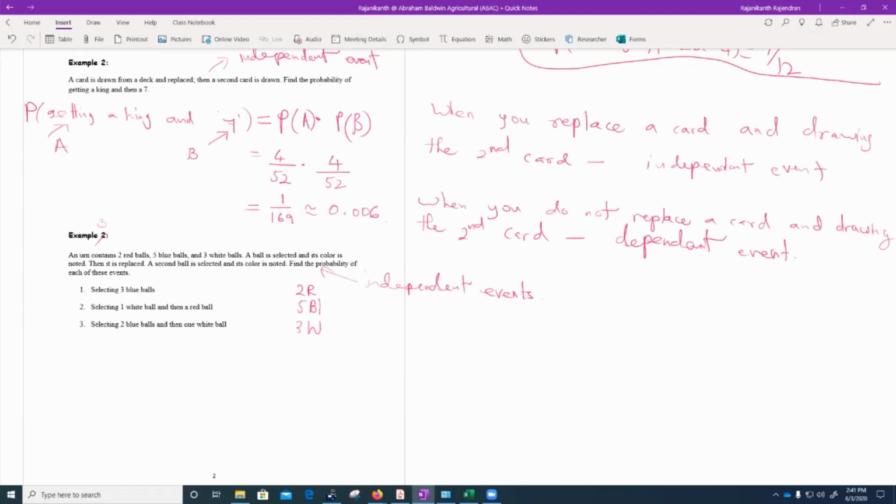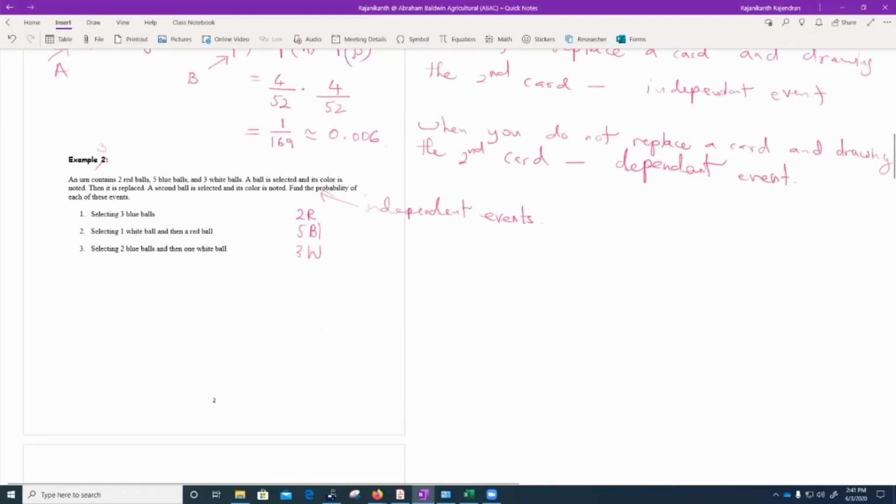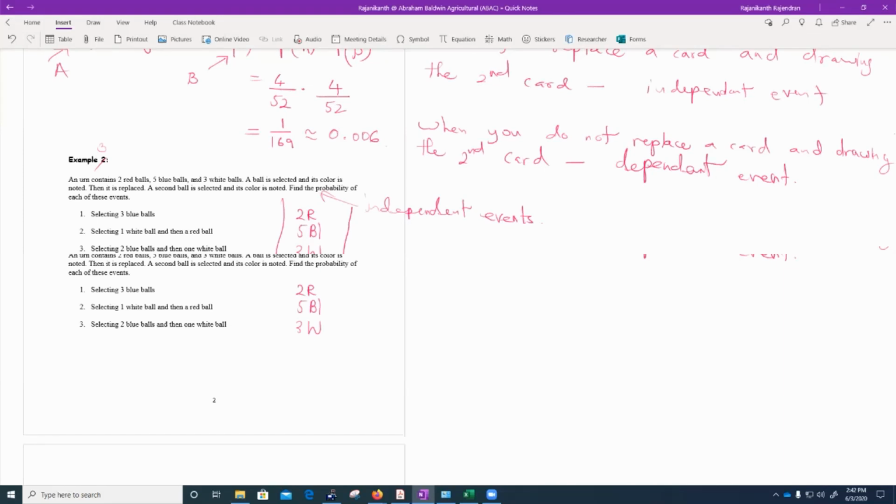Okay, so what are the questions now? There are a couple of probabilities you need to find out. Let's see them one by one. Given this urn, selecting three blue balls means we need to consider three consecutive probability experiments.